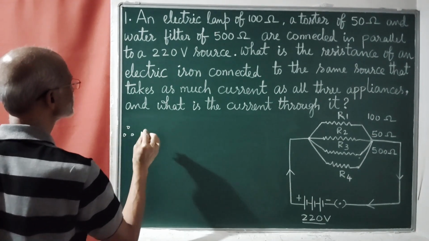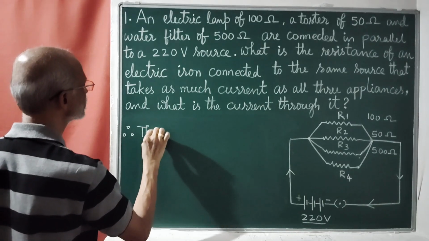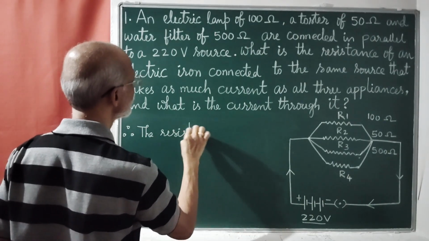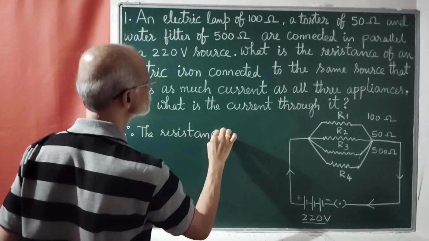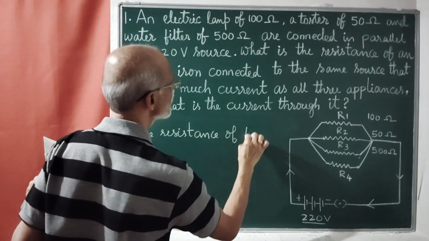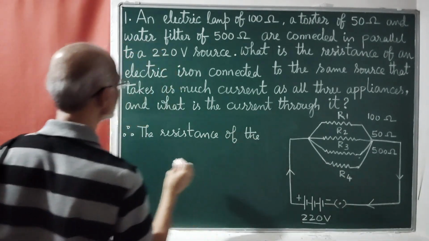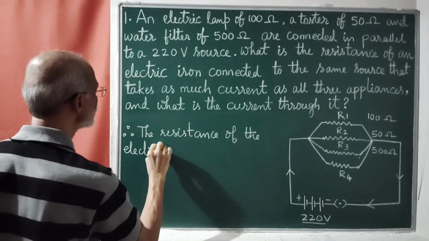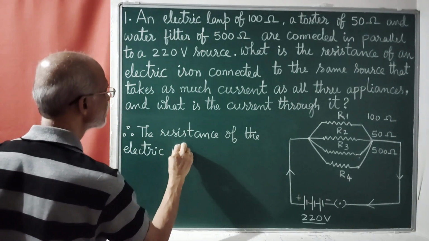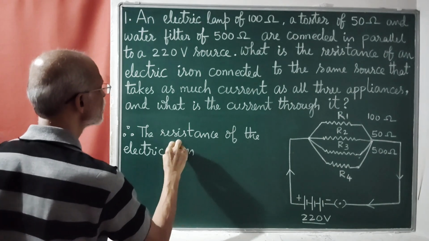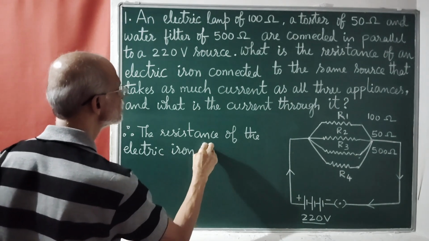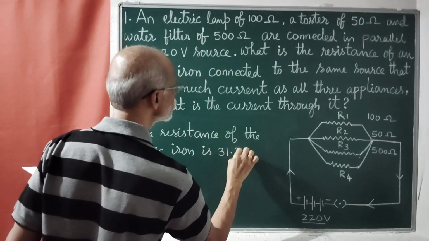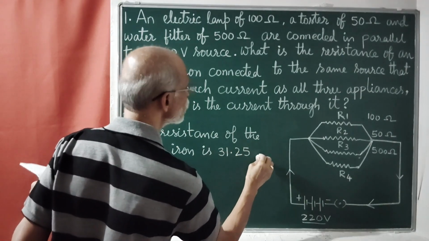Therefore, the resistance of the electric iron is 31.25 ohms.